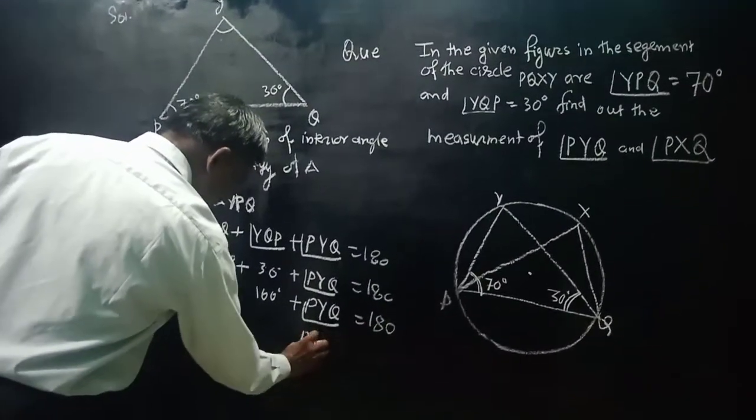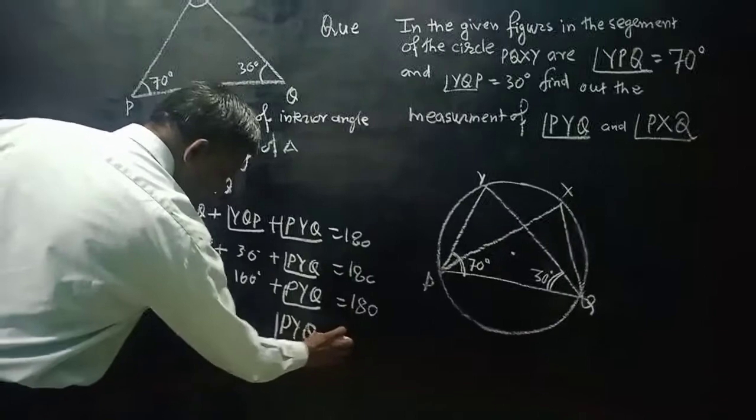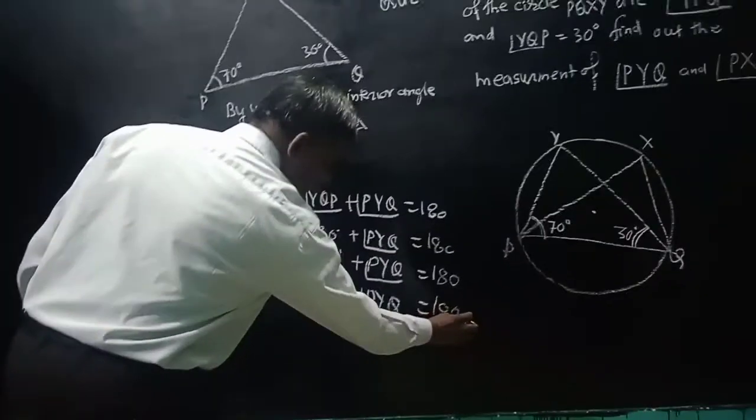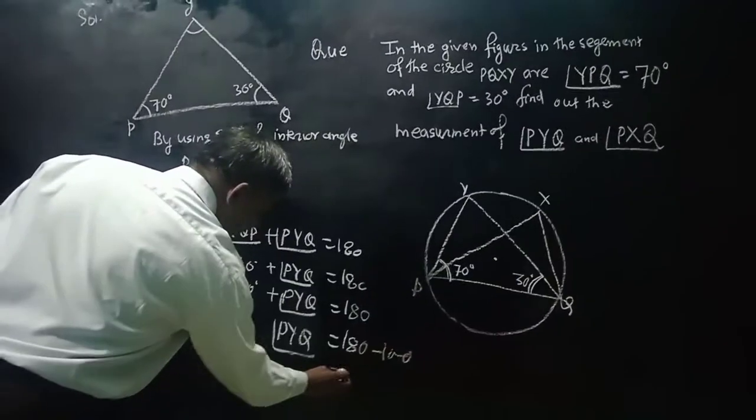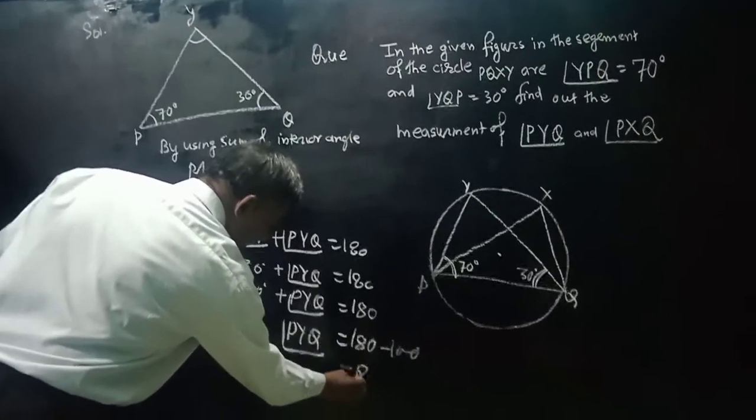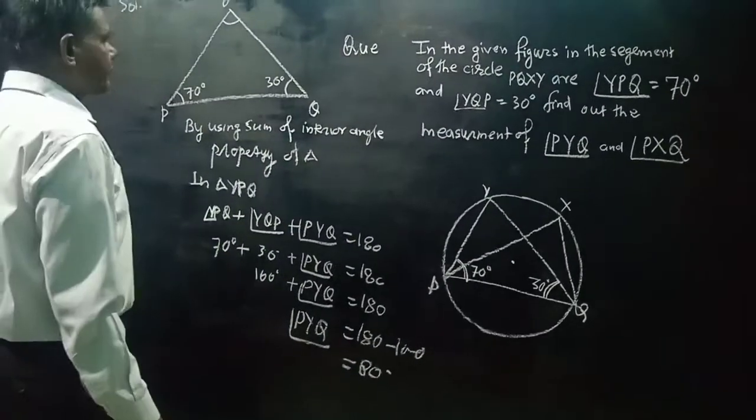So therefore angle PYQ is equal to 180 degrees minus 100 degrees. So the answer is 80 degrees.